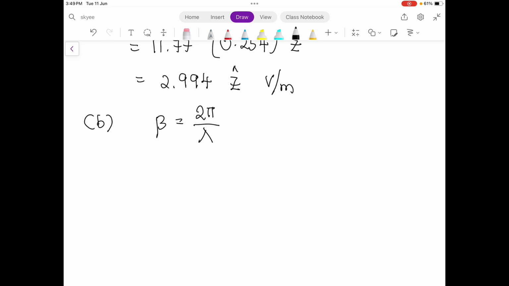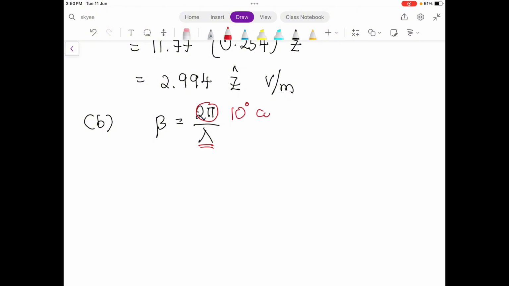Now they are asking how much distance has been traveled if the phase is now 10 degrees. So we have to convert this 10 degrees to radians to use these equations.